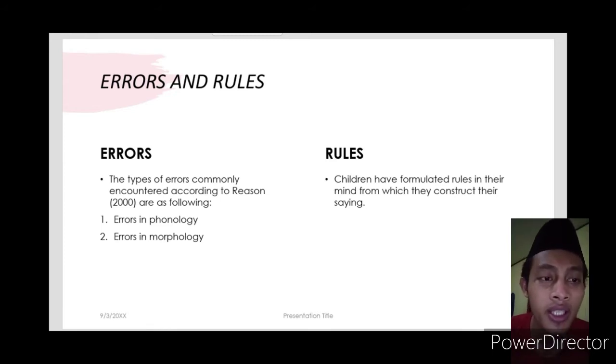But the children get errors. That is, they said he has already packed 2 trunk, 2 trunk. So here, in this example, there is morpheme change place.